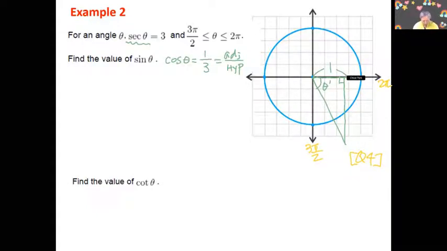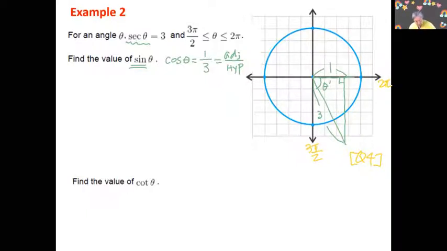And where is hypotenuse? This is hypotenuse, 3. Then what's missing is opposite. And we also need that for sine anyway. Sine is opposite over hypotenuse. So how do we get that?